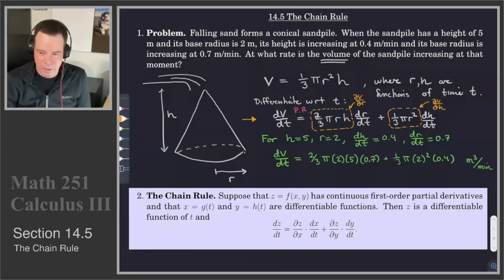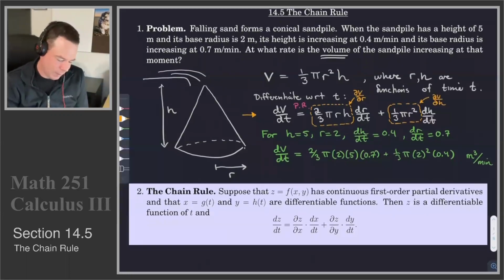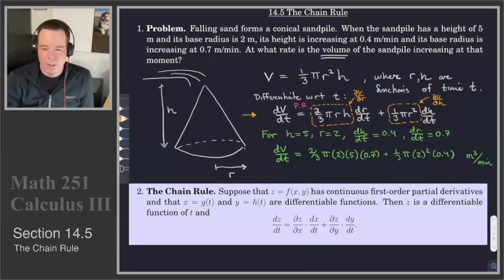And then add to that the derivative of the volume with respect to the height, and then multiply by the derivative of the height with respect to time. And it turns out that that's not something that's just true in this case, it's actually true in general, and that's known as the multidimensional chain rule, or we just call it the chain rule for short in this class because we're dealing with multidimensional objects. So that's what we've got down at the bottom.